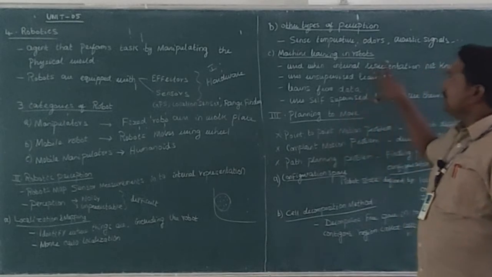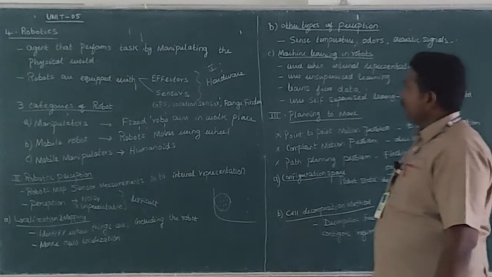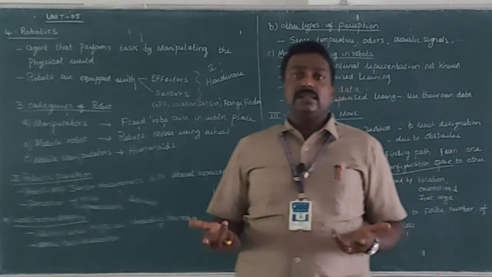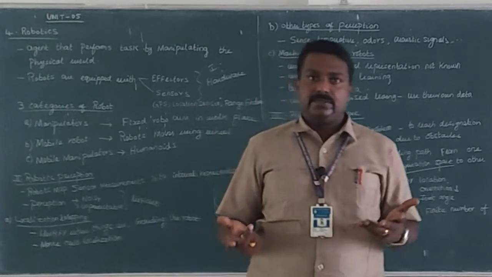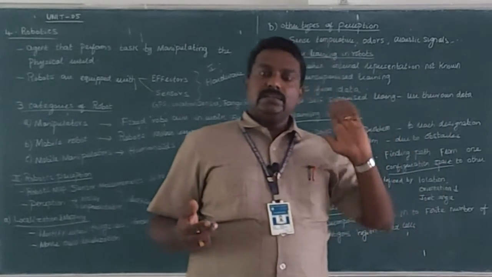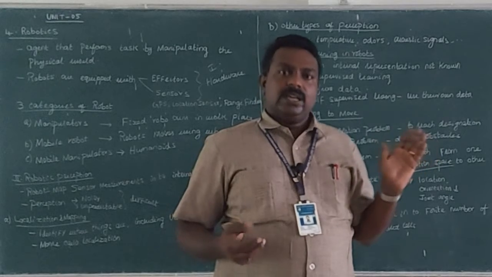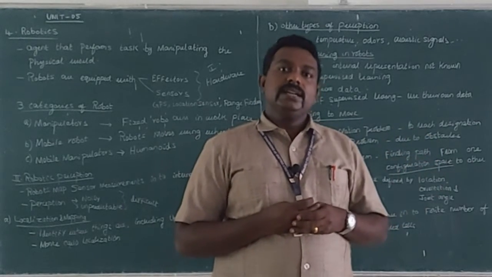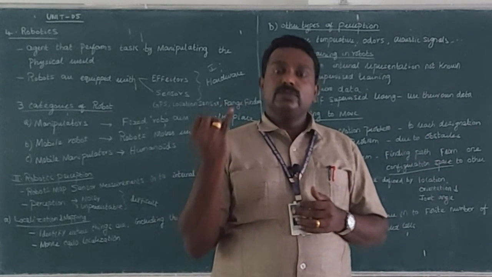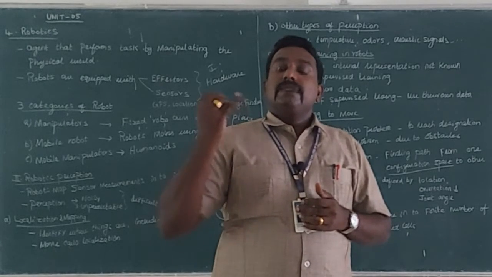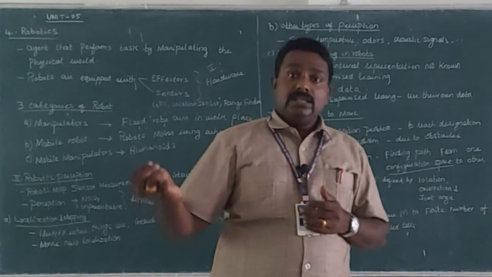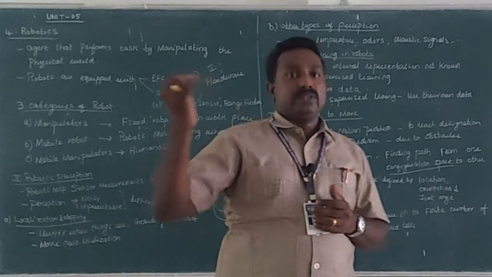Then if you see machine learning in robots. If you give some data, the machine can learn by itself. So machine learning is nothing but a machine that can learn by itself. There are different categories of learning, like supervised learning. Supervised learning is the one where the agent is taught what it should do and what it should not do.